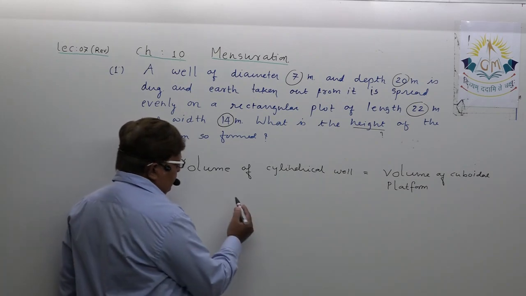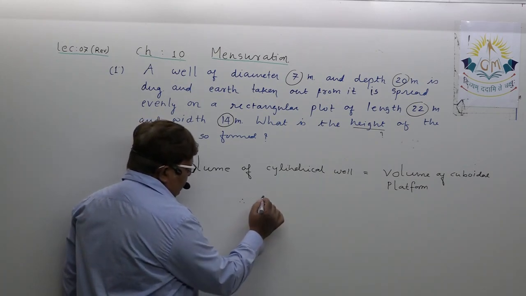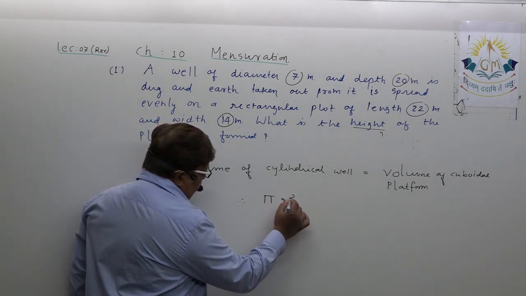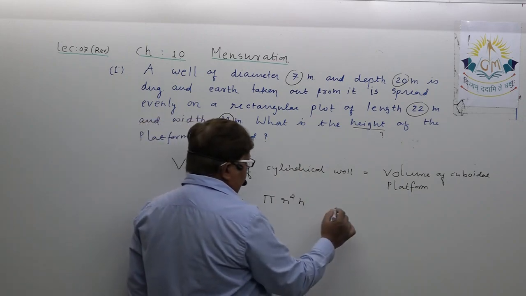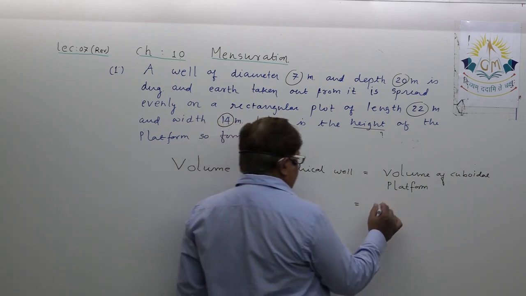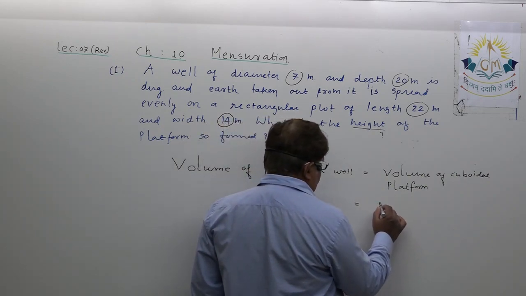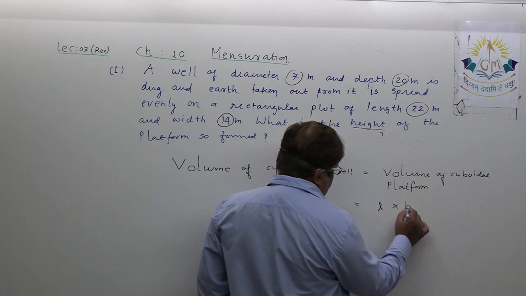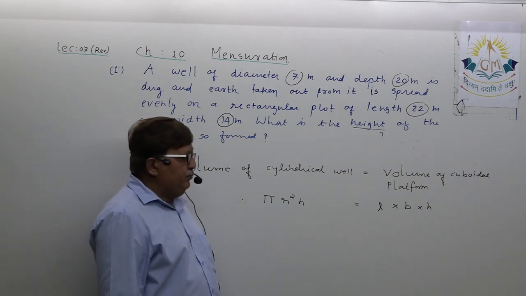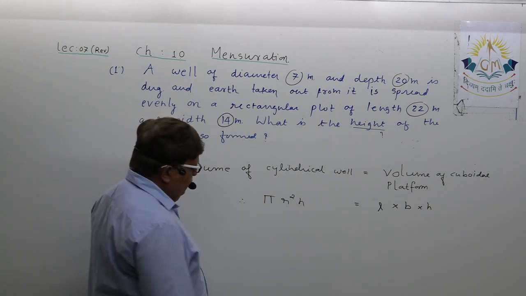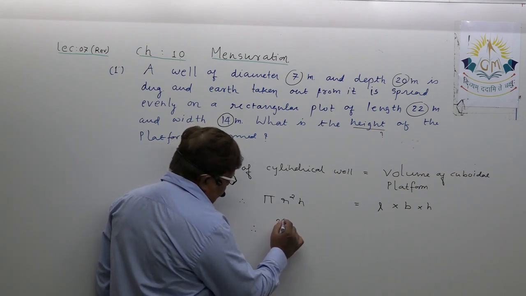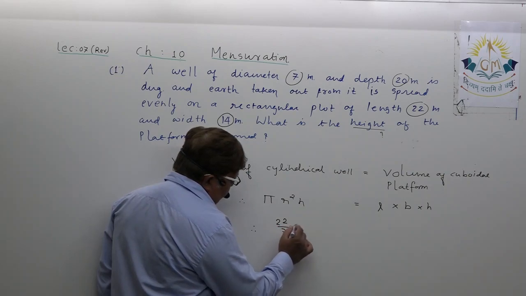Let us write the formula. Here I would like to write pi r square h, that's the volume of the cylindrical well. And here, because it is cuboidal, I would like to write L into B into H. Now, substitution of necessary values. Pi, you all know, 22 upon 7.